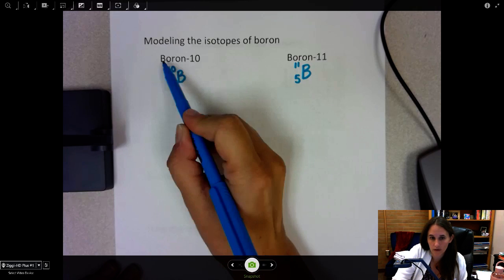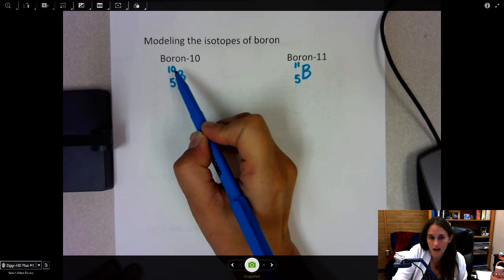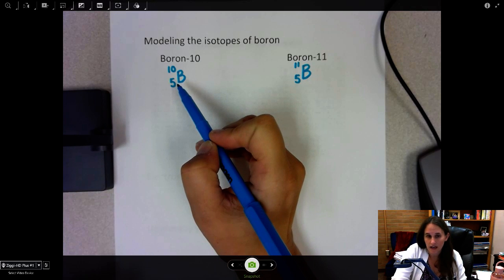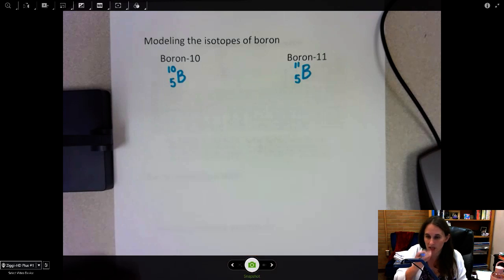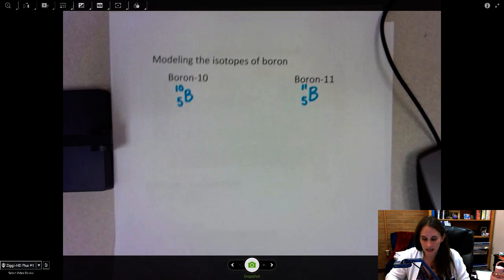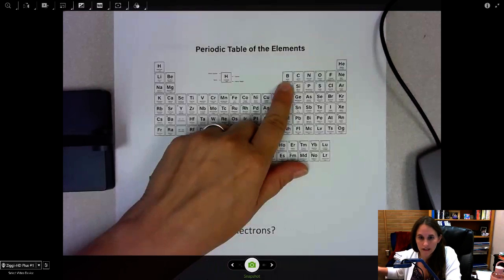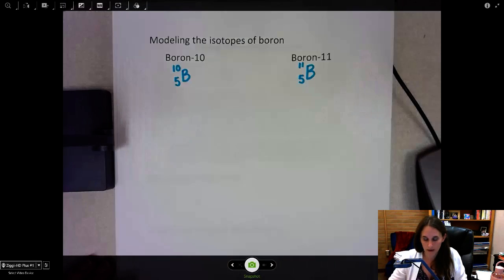Whether you're presented it this way or this way, you're going to have to be aware of how many protons are in the nucleus, and that number would be here. This is the atomic number listed on both of those, and if you didn't have that kind of format, you'd want to look at the periodic table instead and find its atomic number. It's a little bit tiny on this particular periodic table, but we have it listed there.